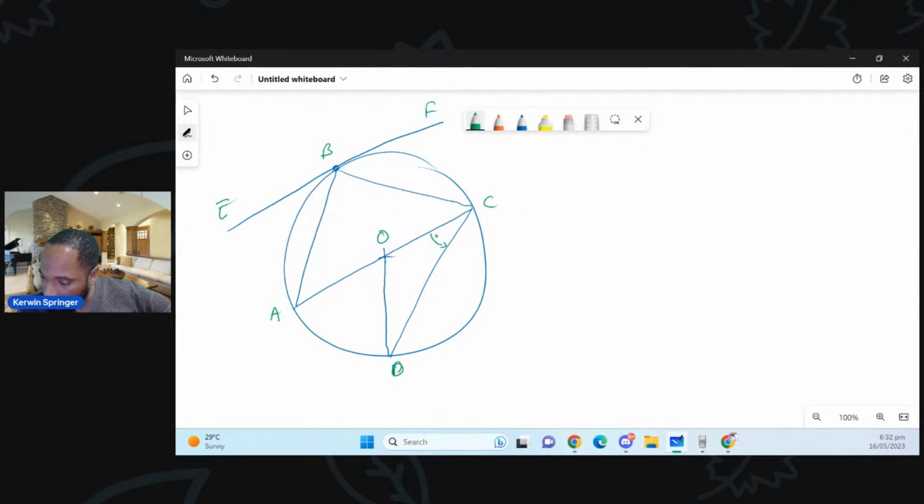They will tell you that this angle over here is 40 degrees.